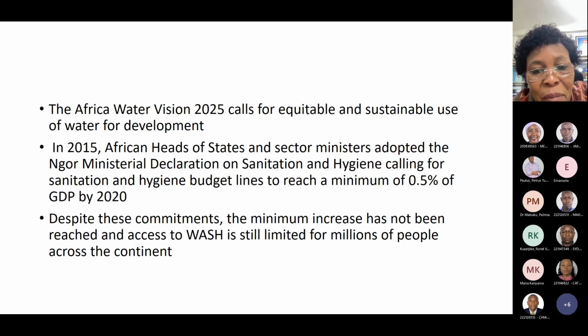Despite the commitments, the minimum increase has not been reached, and access to WASH is still limited for millions of people across the continent. Again, it's about the budgetary issues and challenges that the continent is facing with regards to WASH. Next, please.